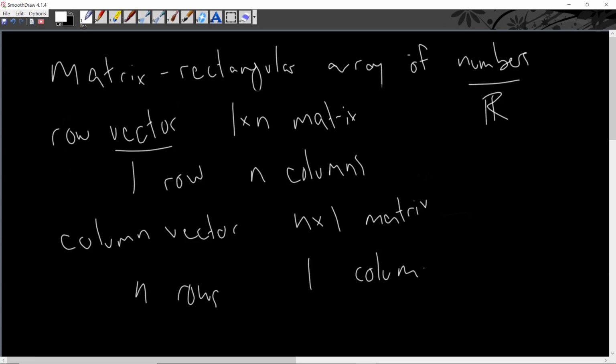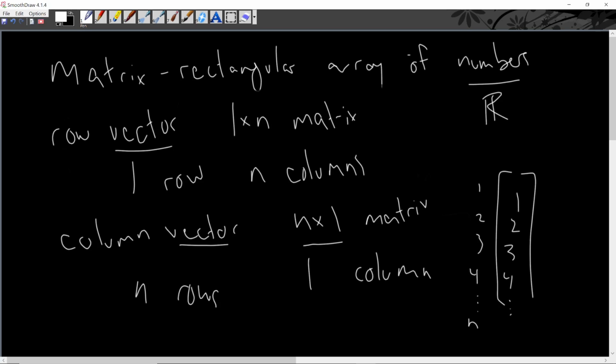When we are doing some vector stuff today, we are probably going to be using only these column vectors, but just as a representation, this could go 1, 2, 3, 4, on and on until you get to n. So 1, 2, 3, 4, and there's only one column, so n by 1. Both of these can be used to represent vectors, but for today we're only going to be using column vectors when we are trying to draw and do math with vectors.